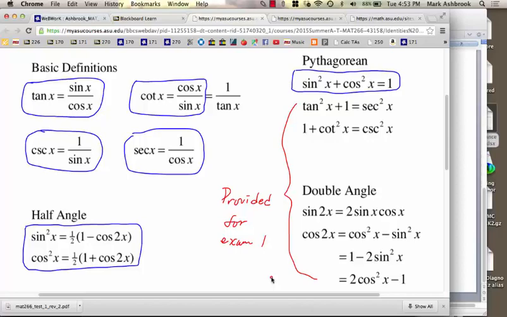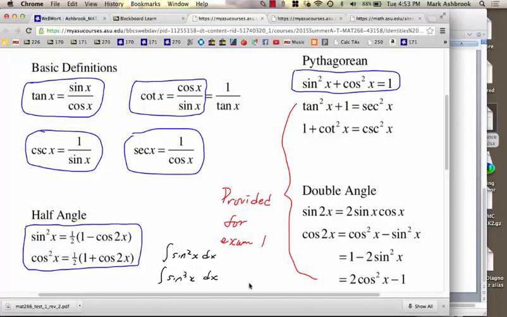I picked those 3 problems especially because those are the most important ones that you need to know from that section. Sine squared, which was the first one, or cosine squared. Sine cubed, which is the last one, or cosine cubed.